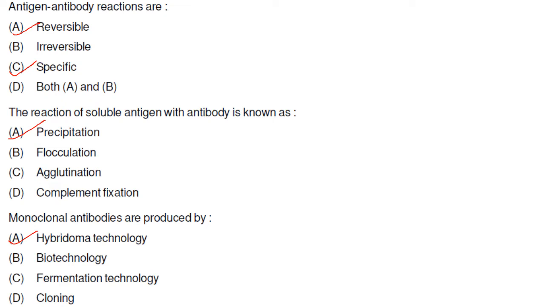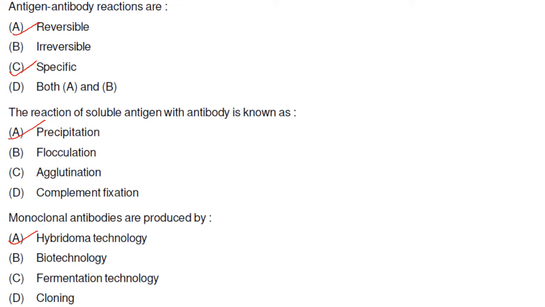Then next one, the reaction of soluble antigen with antibody is known as. So remember, it is soluble antigen with antibody. The answer is precipitation. Now what is agglutination?